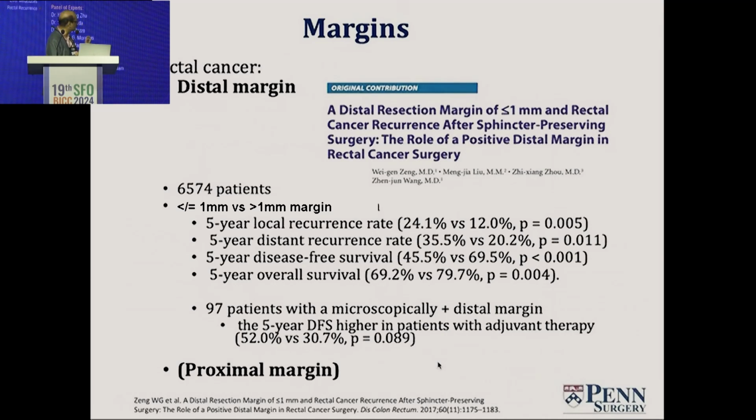So the surgeon must achieve a free distal margin of more than 1 millimeter.